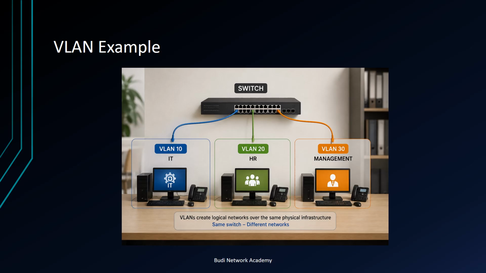So, even though these devices may be connected to the same physical switch, they are logically separated into different VLANs. This is one of the main advantages of VLANs. We can use the same physical network infrastructure while creating separate logical networks.